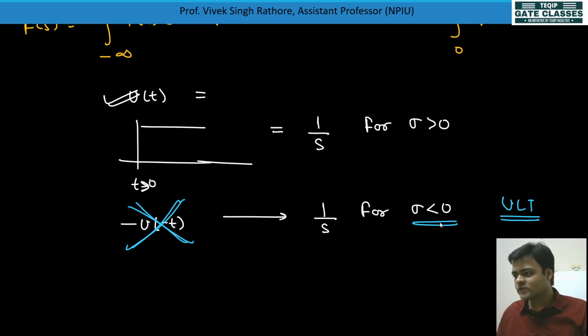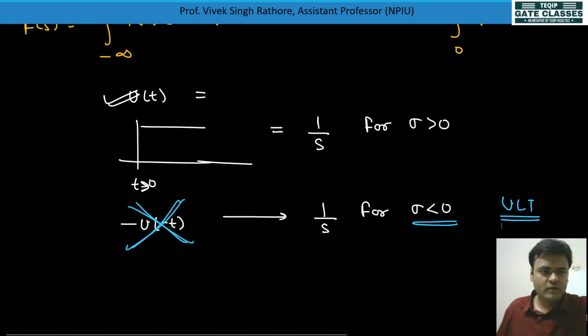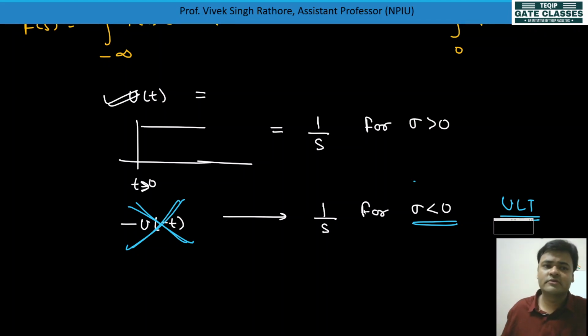Now you can see that u of t had the expression 1 by s, and minus u of minus t also had the same expression in the bilateral Laplace transform. They were differentiated only by the ROC value. But in the unilateral Laplace transform, this other value doesn't exist, only one value is there.